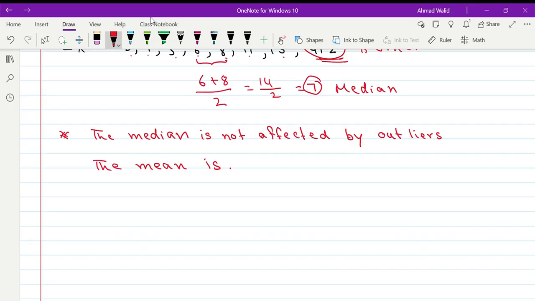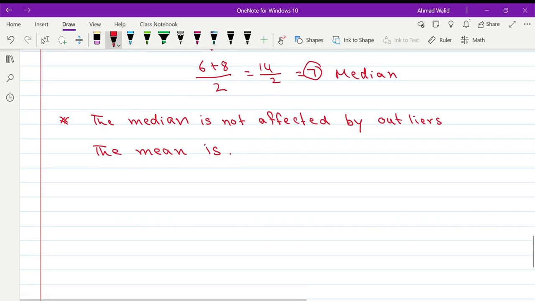They are using median, not mean, because with some outliers, the mean can be changed, but outliers don't affect the median, correct?